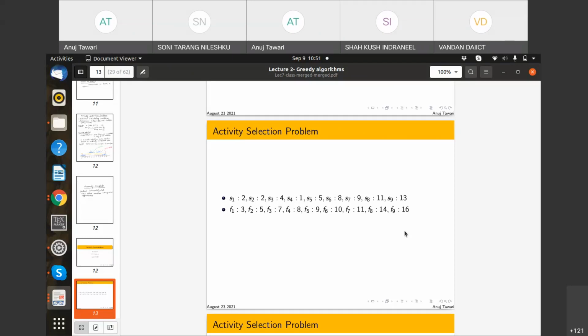So what is the maximum number of jobs without any conflicts or overlaps? Job that ends as early as possible. Okay. So tell me, what's the answer here? How many jobs can you schedule here without any conflict?